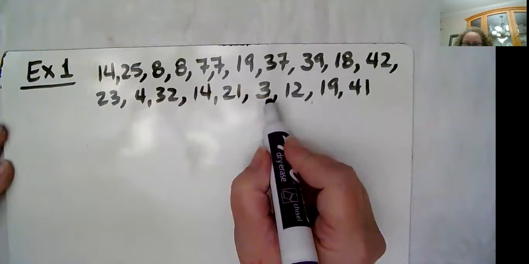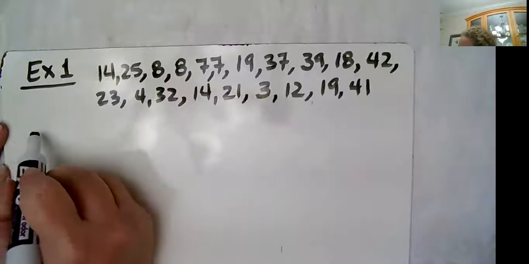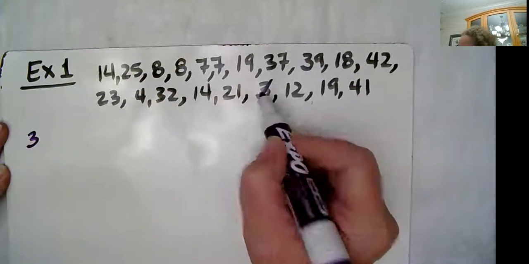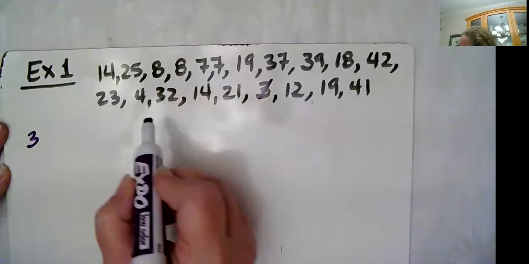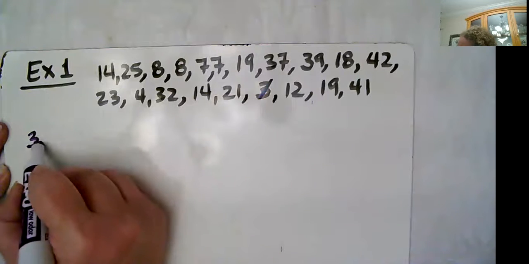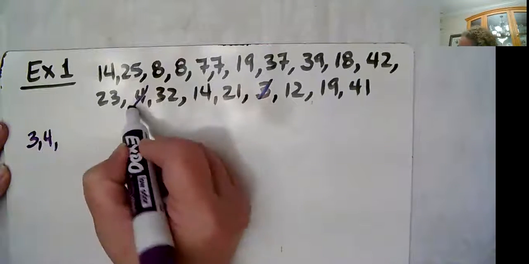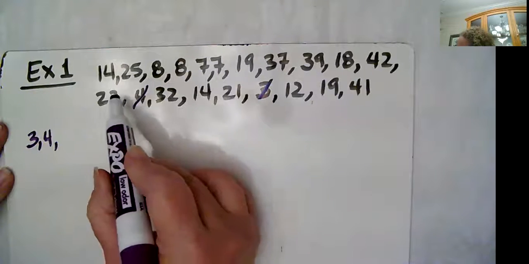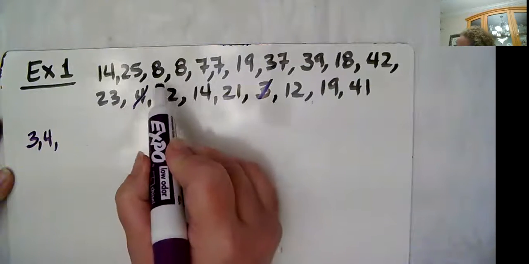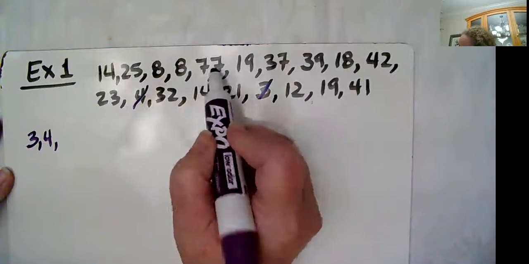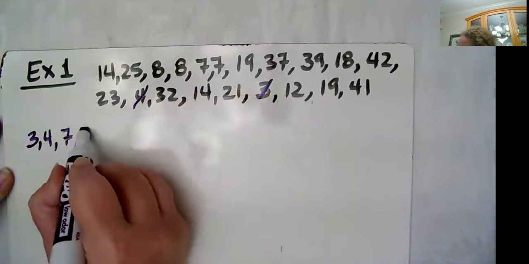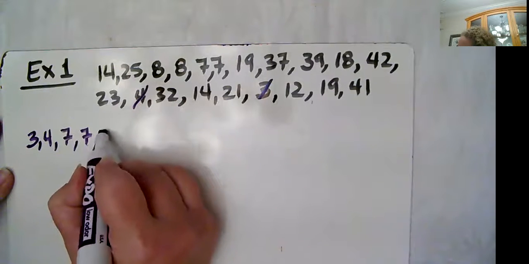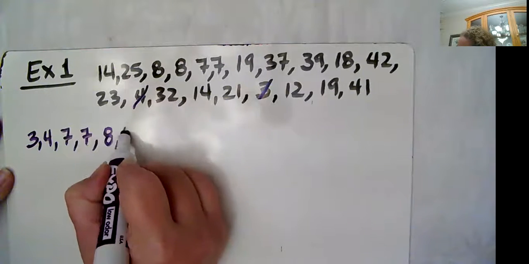So I'm going to start. Here's our first number, which is 3. Let's cross it out. Then we have 4. Cross it out. Let's see what's next. Anything smaller? Then I see 2 7s. So we have 7 and 7, then 8 and 8.